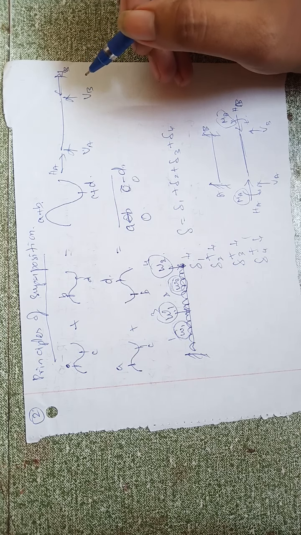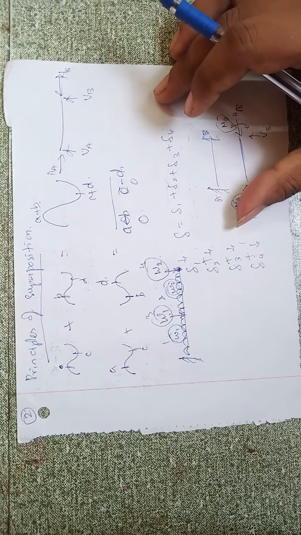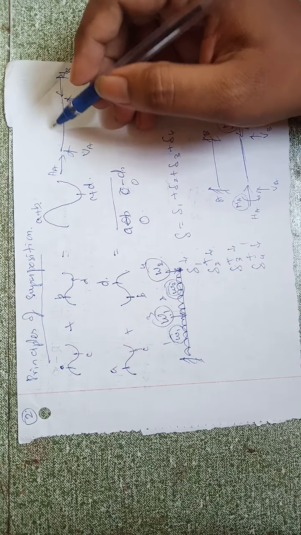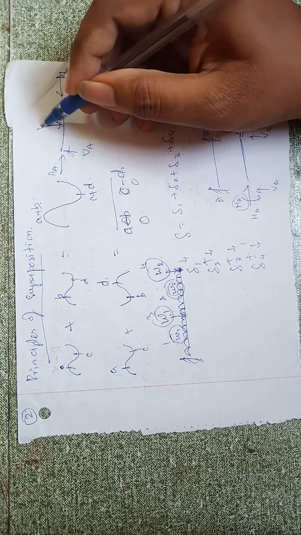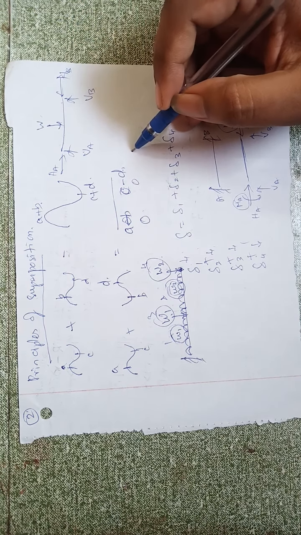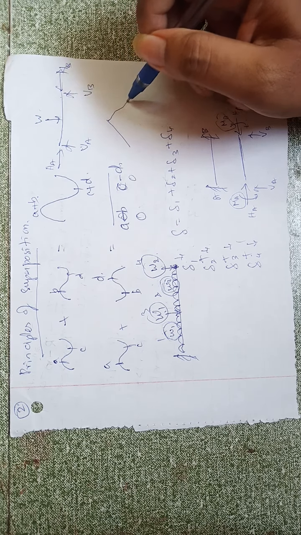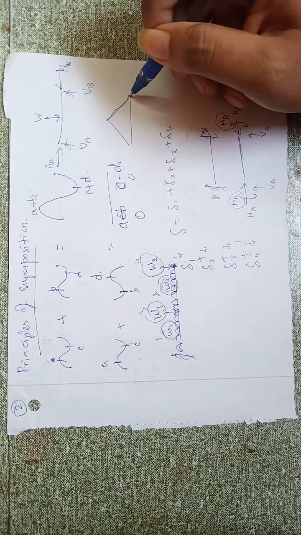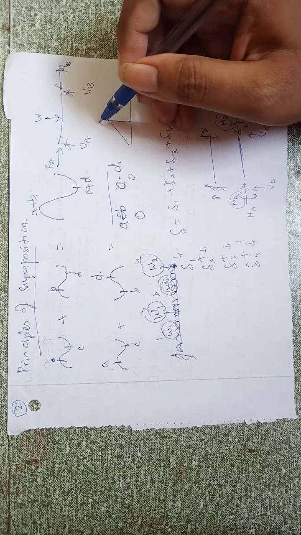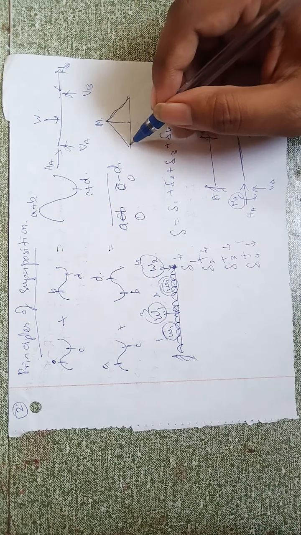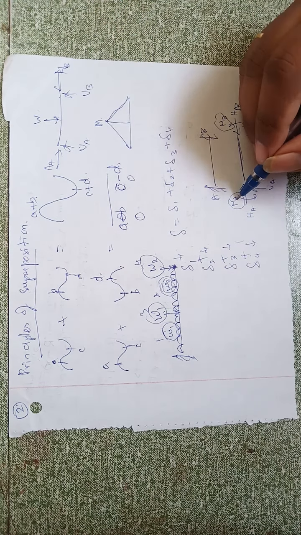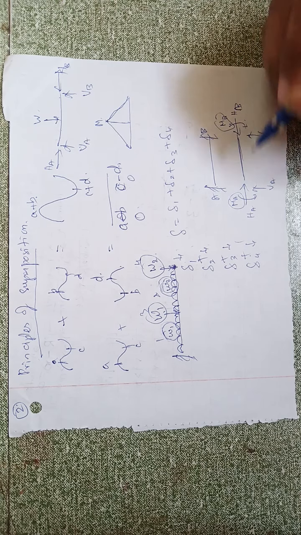So these are the only forces. With this I will find, if there is a vertical load, say W, then it will have a bending moment diagram like this. And after that we are going to add MA and MB.